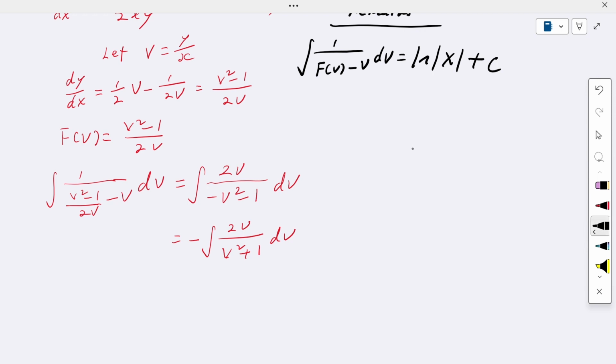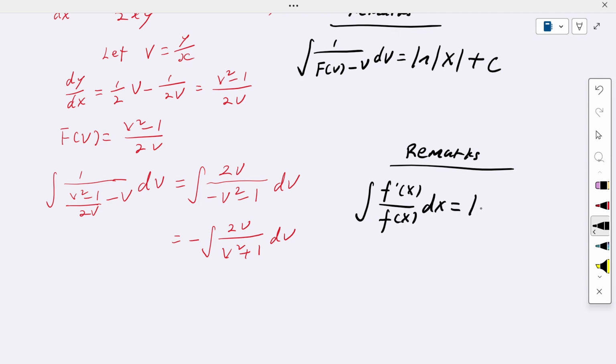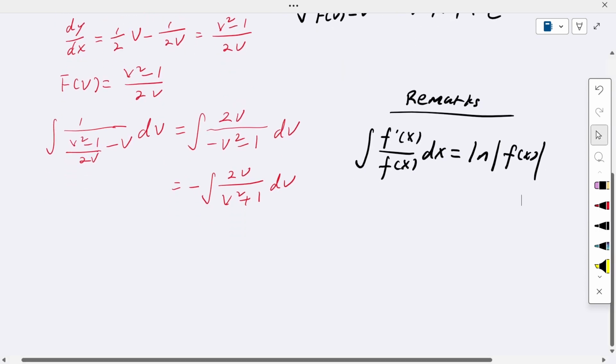To do this integral, we're going to apply the formula: the integral of f prime of x divided by f of x dx is equal to the ln of f of x. So f of x is the denominator.